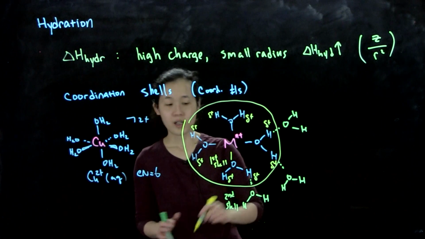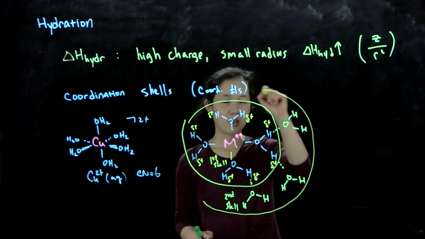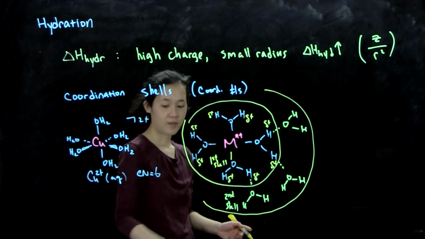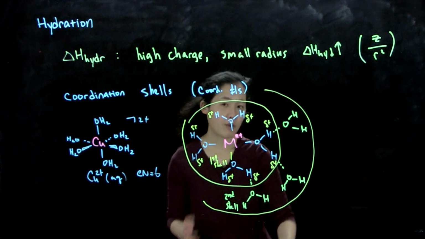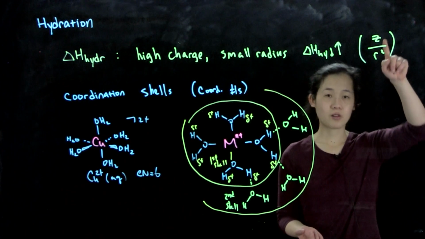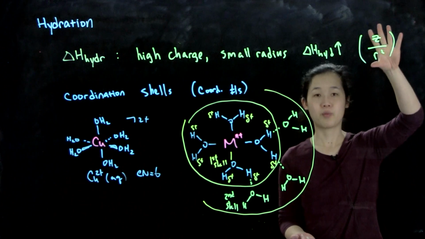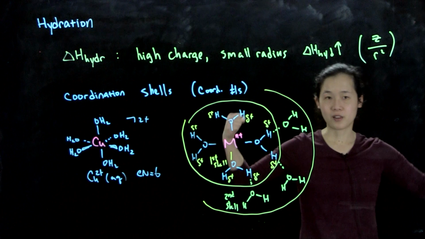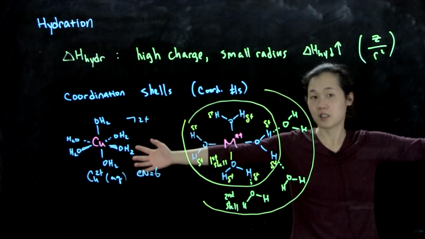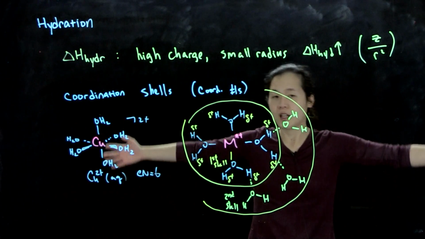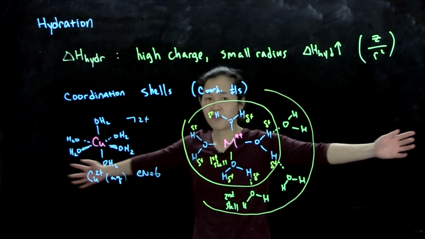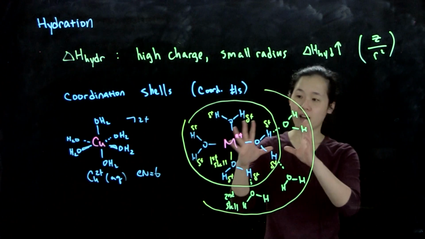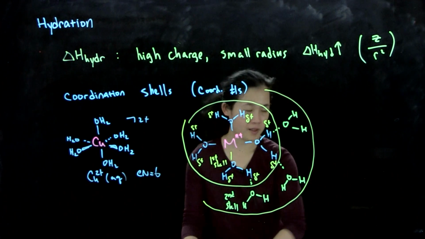These are the waters that are still attracted to this positive charge, but are bound just to the first shell of waters. So if your ion is polarizing enough, if we have a high enough Z or a small enough R, then in addition to the waters directly bound to it, we can carry around the second shell or maybe even a third shell. It's traveling around solution as this big fat ball of water, all kind of stuck together. Of course, it's dynamic, but we have this large hydration number.